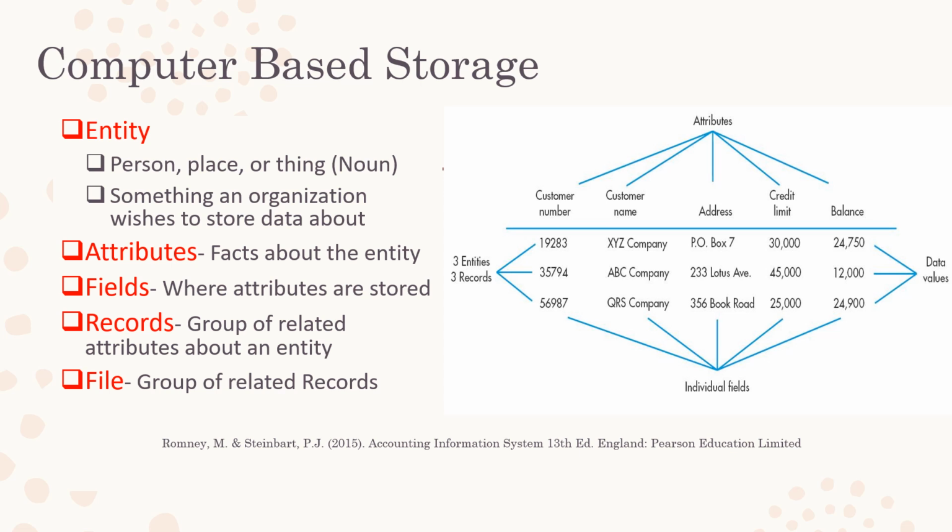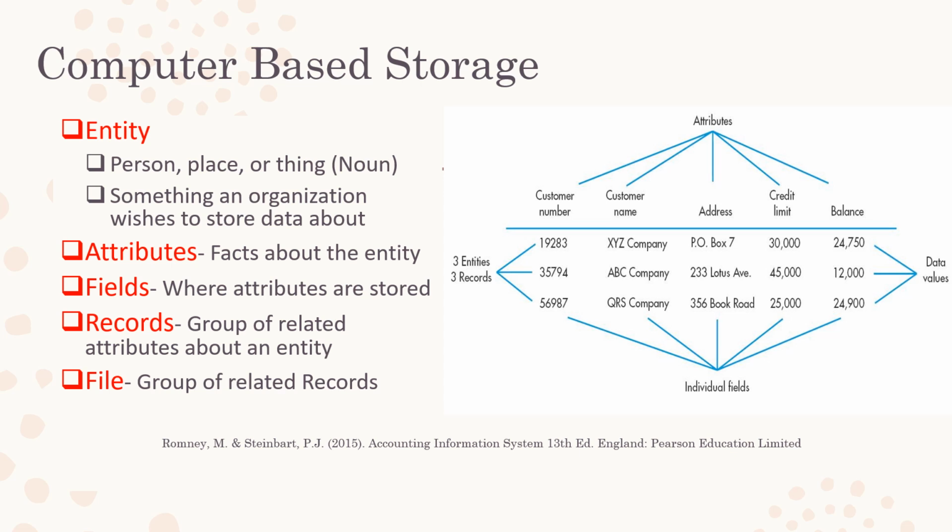So we have the entity, the attributes, the fields, the records, the file, and of course we also have the database. So an entity is something about which information is stored, such as employees, inventory items, and customers. So it may be a person, place, or thing, which is referred to as a noun, or it is something an organization wishes to store data about.